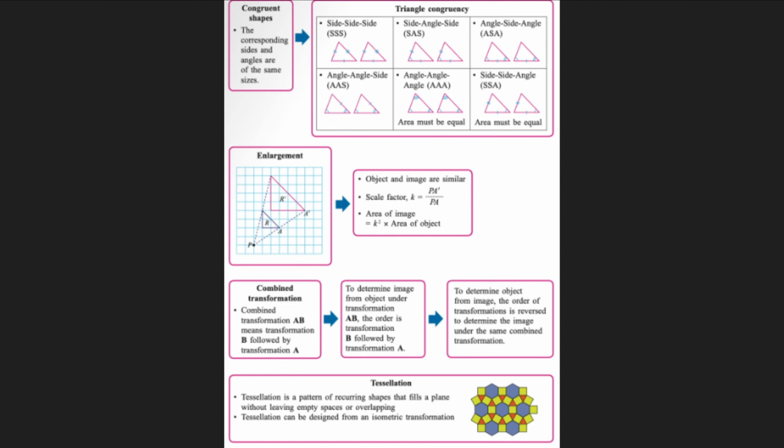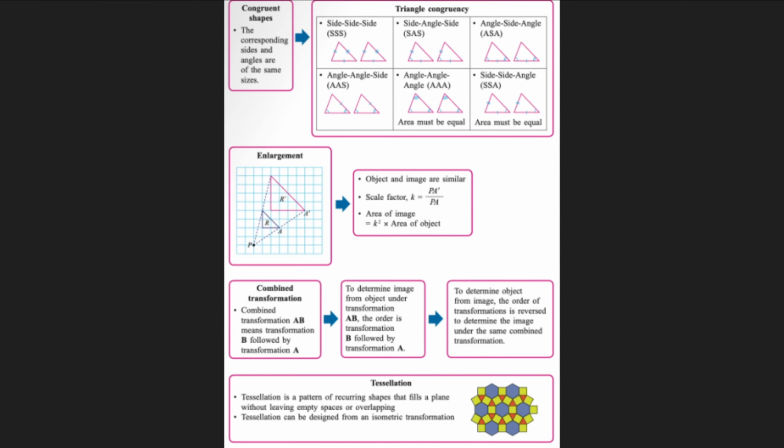And for enlargement, object and image are similar, and you must check the scale factor, which is k equals PA prime, which is the image, divided by PA, which is the object. Area of image is equal to k squared times the area of object.